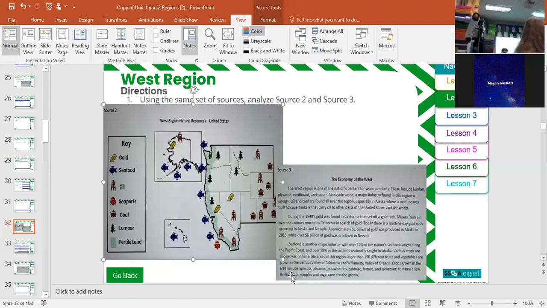And then what other place grows sugarcane? It says Hawaii grows sugarcane. What other place grows sugarcane, Melanie? Louisiana. We grow a lot of sugarcane.